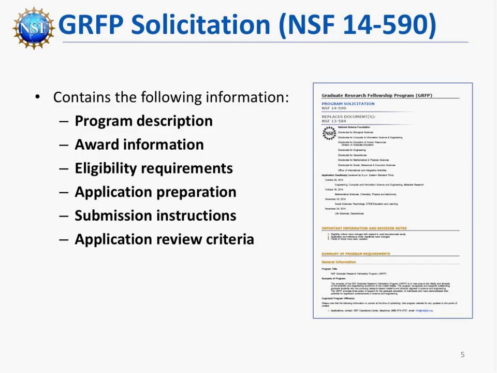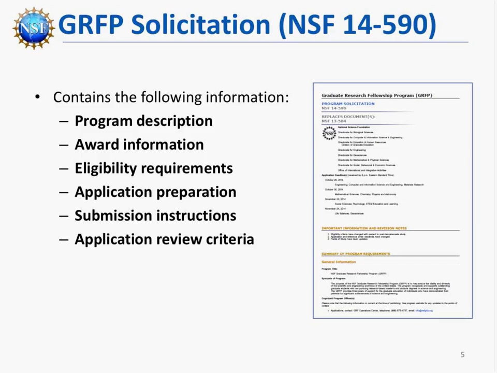What you have to know regarding the GRFP program is written down in the solicitation. Actually, I sent this PowerPoint presentation on Monday to Liv, and yesterday we published our new solicitation. That means the solicitation at the top of that page is not the current one. Let me give you briefly the current number.